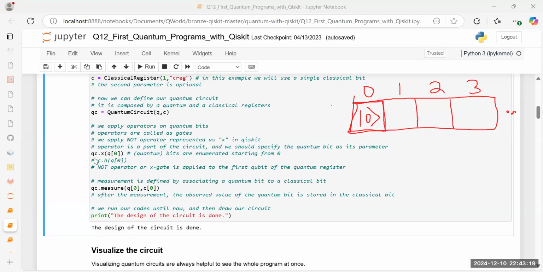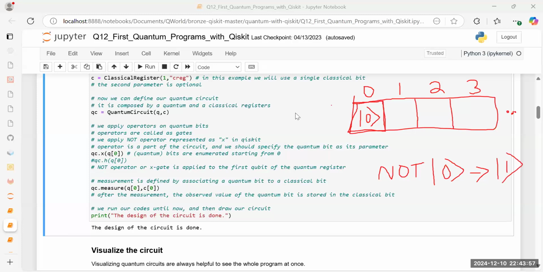And now we want to apply an X gate. An X gate is the same as the NOT operator, which we've already seen. If we apply the NOT operator to the 0 state, we're going to get the 1 state.